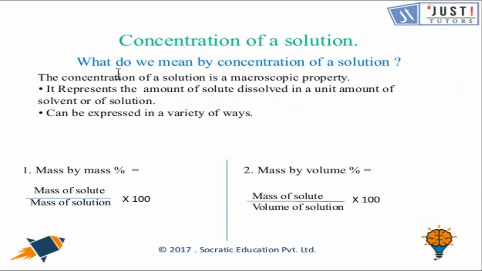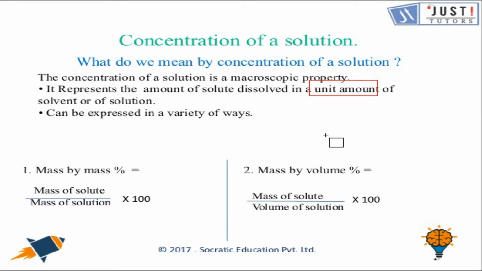So what is concentration of solution? So basically, it is a macroscopic property. It represents amount of solute dissolved in unit amount. So here is a keyword: unit amount of solvent or of solution. So concentration represents the amount of solute dissolved in unit amount of solvent or solutions.